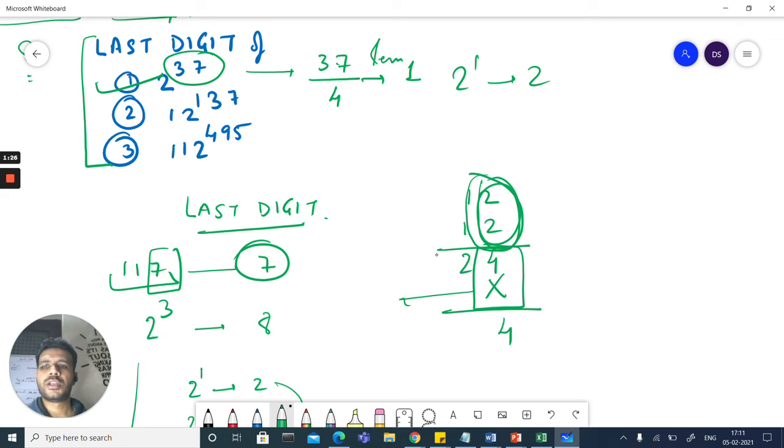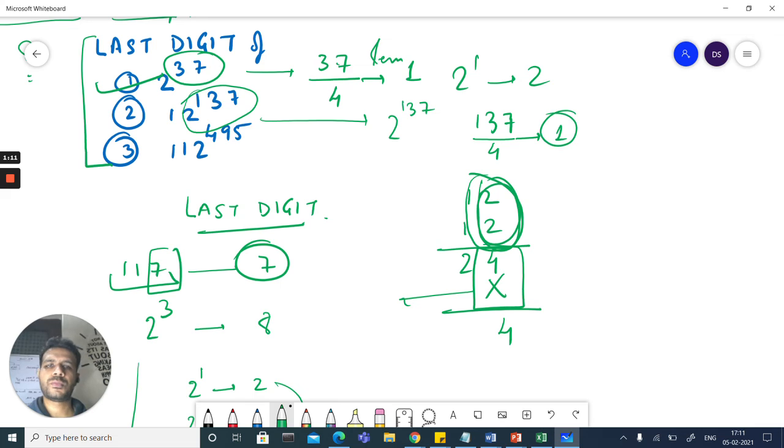So I'm only having the question 2 to the power 137 rather than 12 to the power 137. You simply solve 2 to the power 137. You take 137 divided by 4 and you end up getting 1 as a remainder. You put that in the power of 2, which gives you 2. So this is also done.